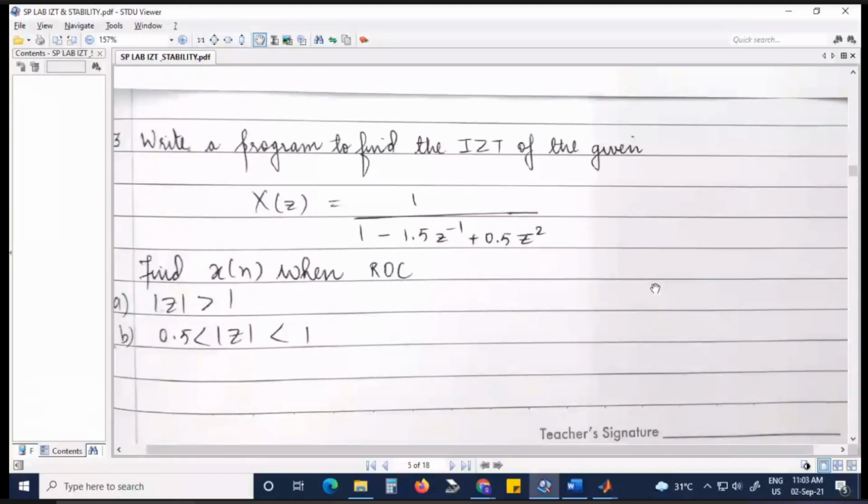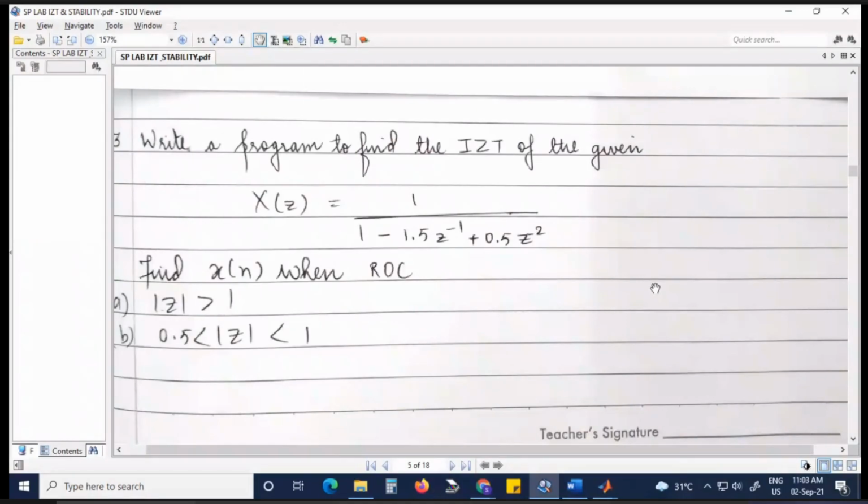When mod z is greater than 0.5, it represents a causal sequence, so you have to follow a to the power n u[n]. And when mod z is less than 1, you have to follow the interior of a circle. That means it is an anti-causal sequence, that is minus a to the power n u[minus n minus 1].